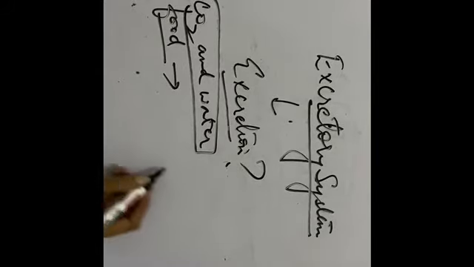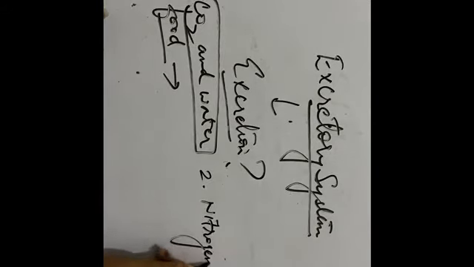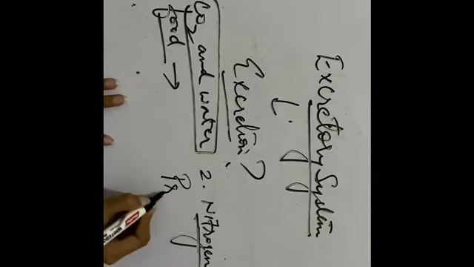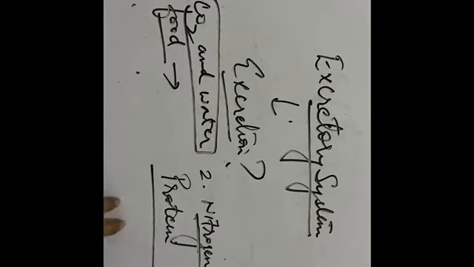Number two is nitrogenous waste. Nitrogenous waste is one in which nitrogen is the main component. And nitrogen is the main component mainly in which food material? It is protein. Whenever protein is digested, it is broken down into smaller fragments, which are amino acids.